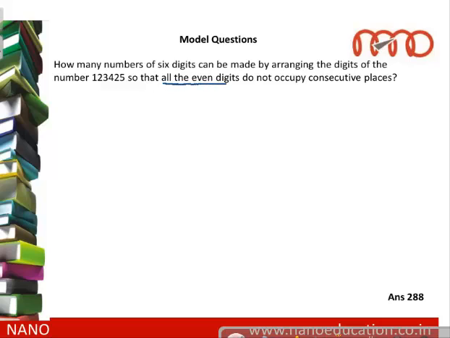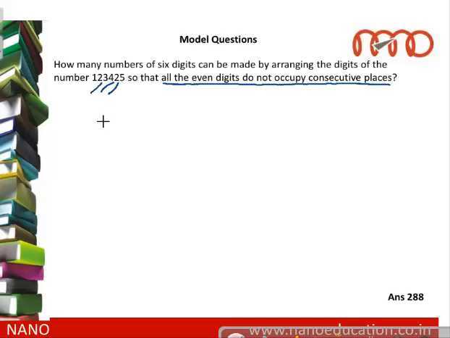How many even digits are there? 2, 4 and 2. There are 3 even digits, and we have to permute them so that all the even digits do not occupy consecutive places. So 2 of the 3 can occupy consecutive places, but not all of them can occupy consecutive places.